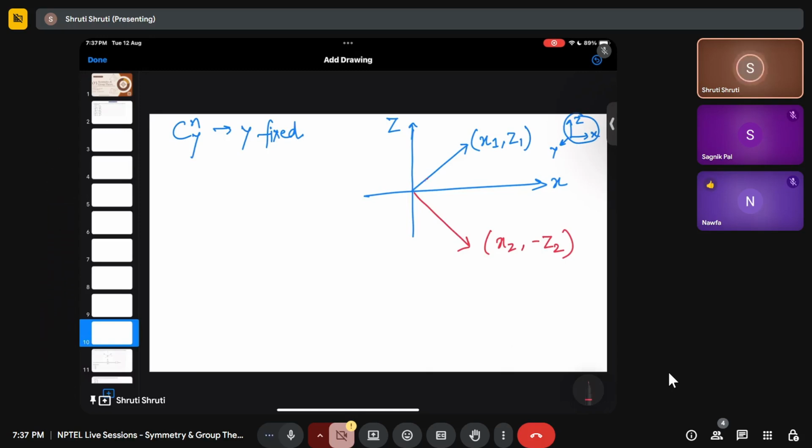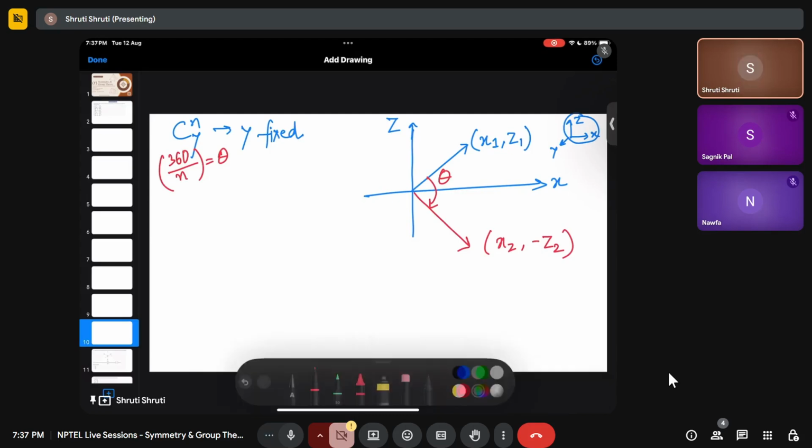Right? So this angle is theta because we have to apply a rotation of 360 by n, which is being represented as theta.